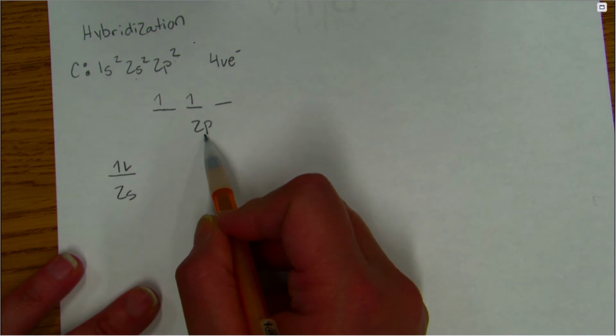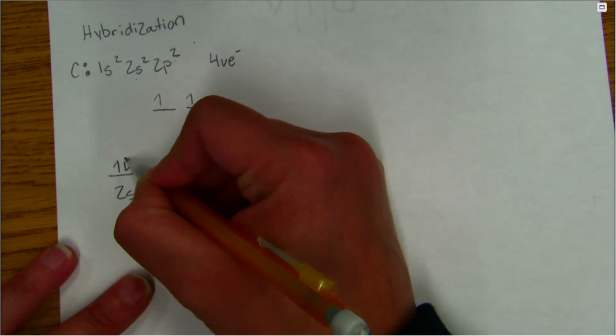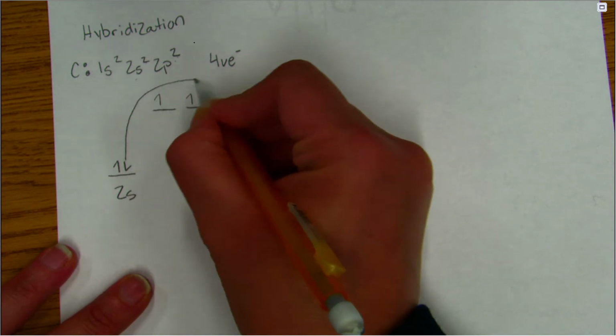So hybridization is when orbitals overlap, and they overlap in such a way that energy is minimized. So what we have is an overlapping between our s and our p orbital. And because they overlap, this electron from the s will actually move into the p.